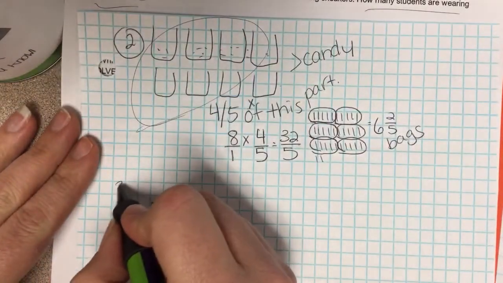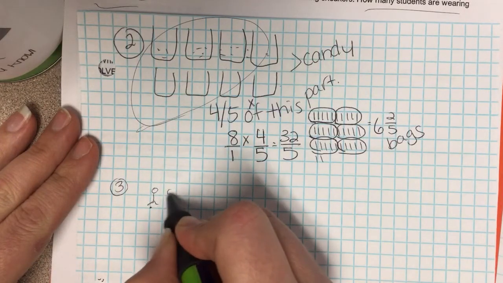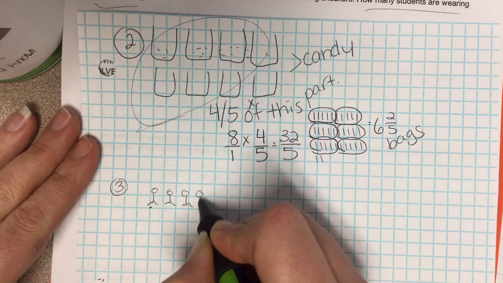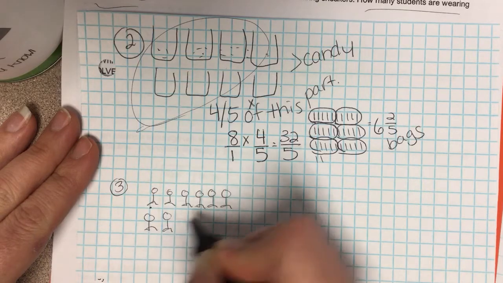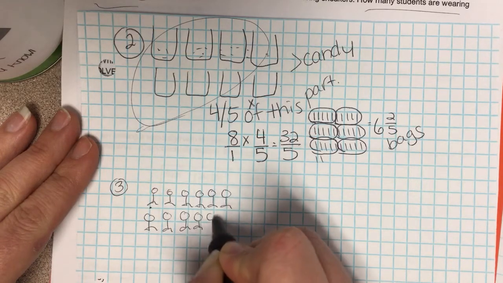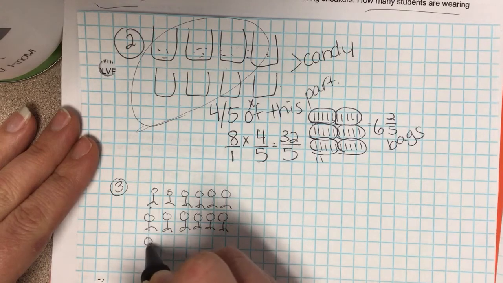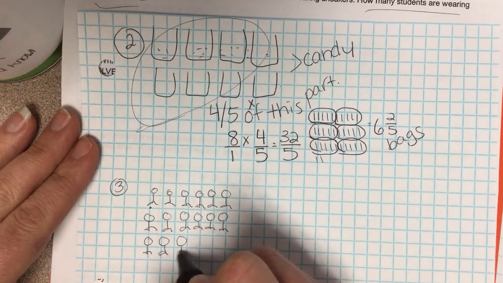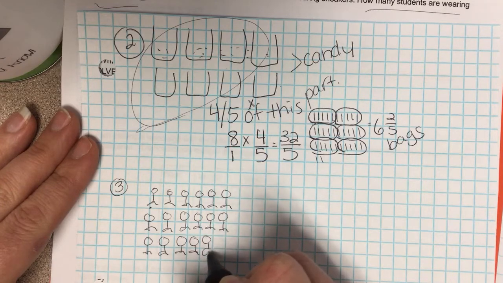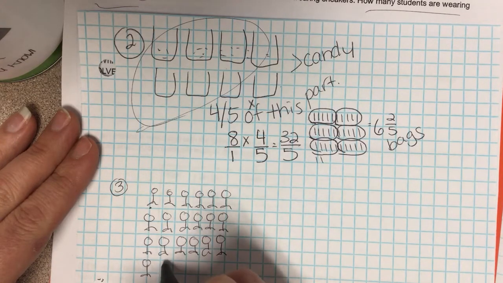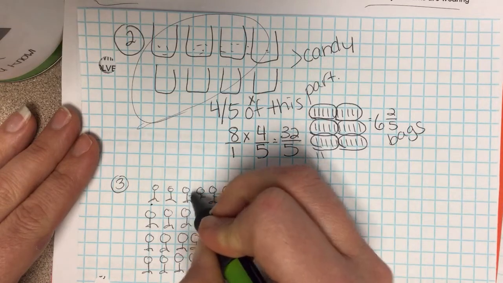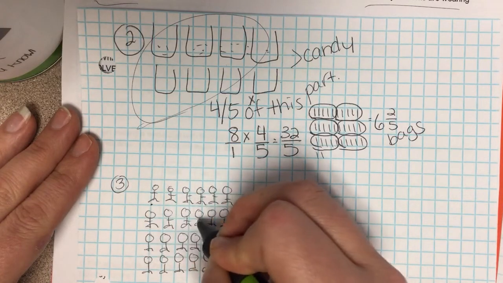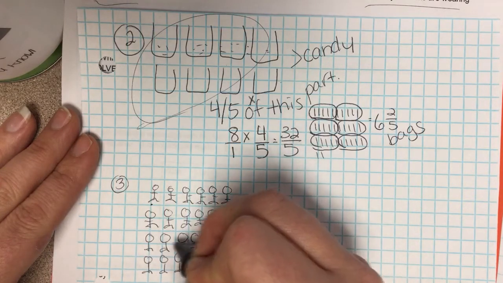So I know for number 3, I have 1, 2, 3, 4, 5, 6, 7, 8, 9, 10, 11, 12, 13, 14, 15, 16, 17, 18, 19, 20, 21, 22, 23, 24. I have 24 people. I could give them arms so they look a little bit more like stick people and not just people with legs. But anyway, I have 24 people that are in this classroom.